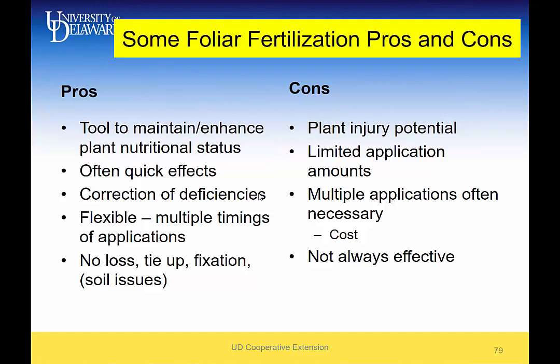It can correct deficiencies, and we can use it multiple times, and we don't have the issues with tie-up in the soil. However, we have a problem with frying plants by having too high of salt levels, and you can only get a limited amount, just a couple pounds, into the plant per acre at any time, and you have to do multiple applications, oftentimes very costly, and it's not always effective.